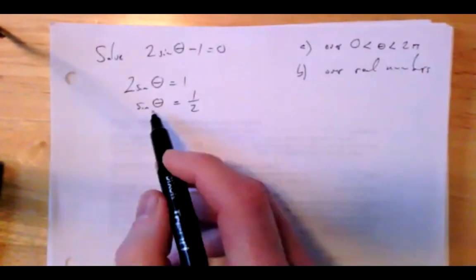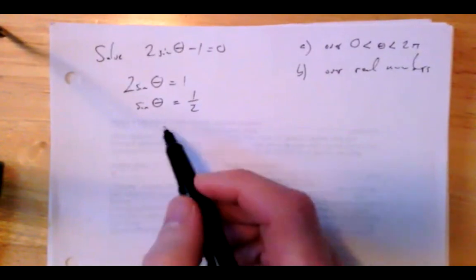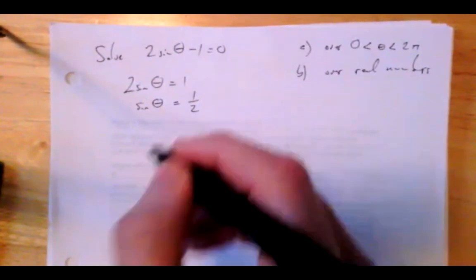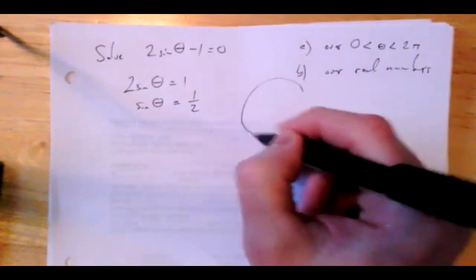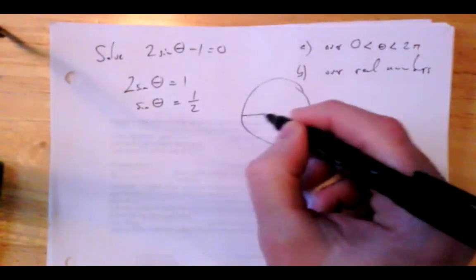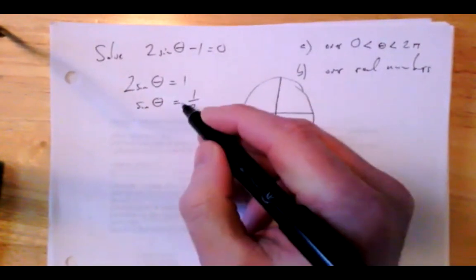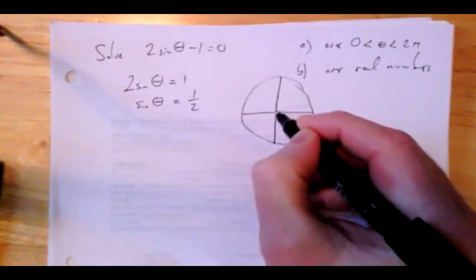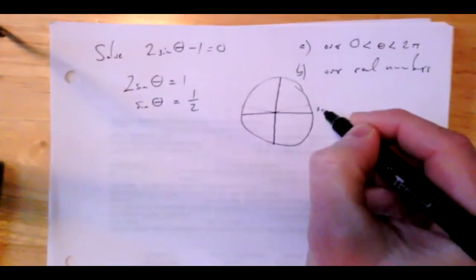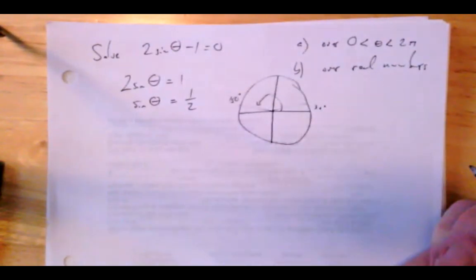So now, what does theta have to be such that the sine of it is 1/2? This is why you'll be given a unit circle, and you can fill it out as you need it. In your unit circle, the sine being 1/2 is going to be this 30-degree angle and this 150-degree angle.